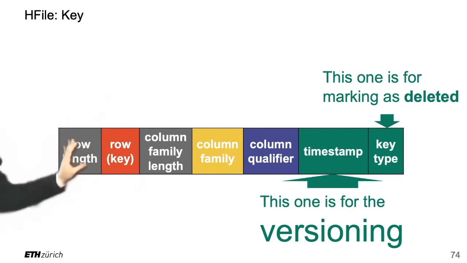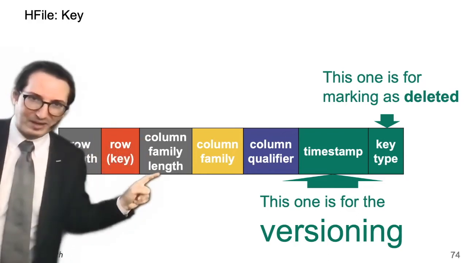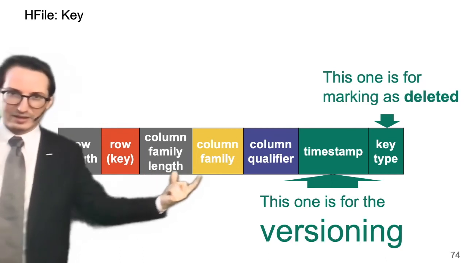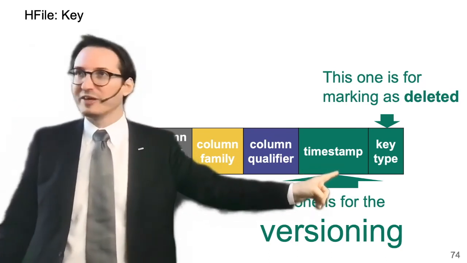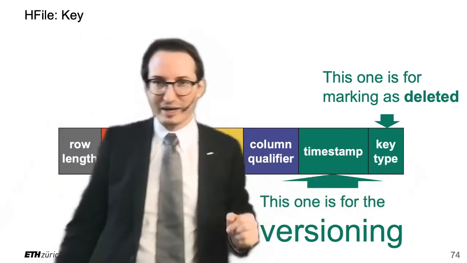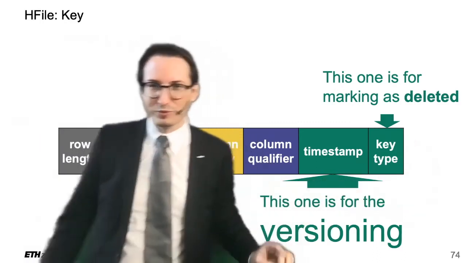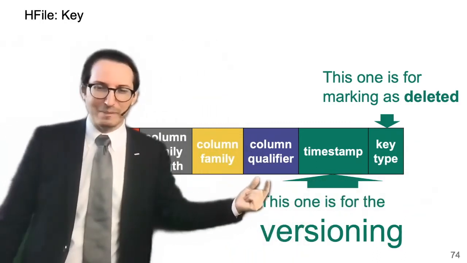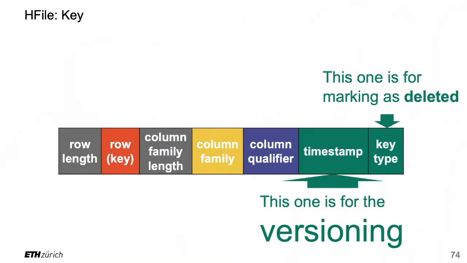This is fixed, so let's say 32 bits, and then you know how long that is. Then you store the column family length on a fixed size, then you know how long that is. The timestamp is also a fixed length thing. This is just 1 bit or 1 byte. I'm not sure if it's 1 bit or 1 byte, so hope you forgive me on that, but this is really a detail. Why don't we store the column qualifier length?